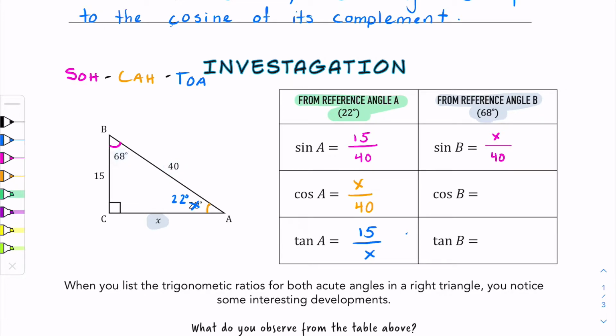If we write our cosine value, we're looking at the adjacent side over the hypotenuse, or 15 over 40. And lastly, if we're writing our tangent value from angle B, we would be writing the opposite side over the adjacent side, which would be x over 15.